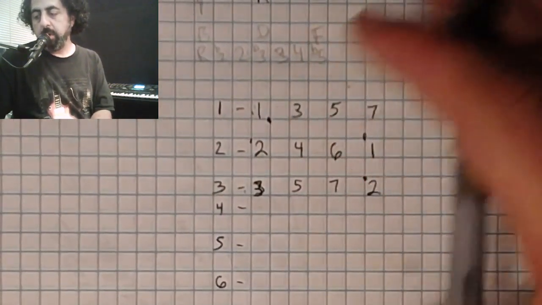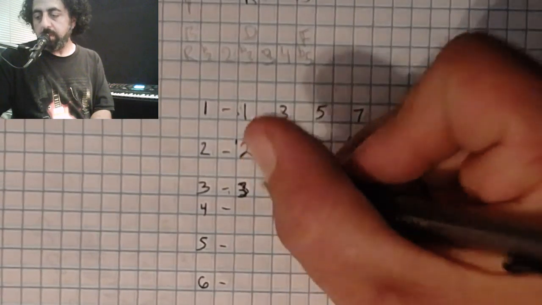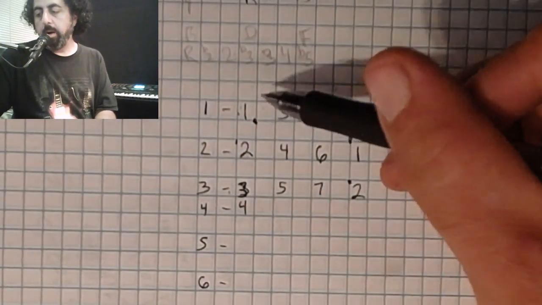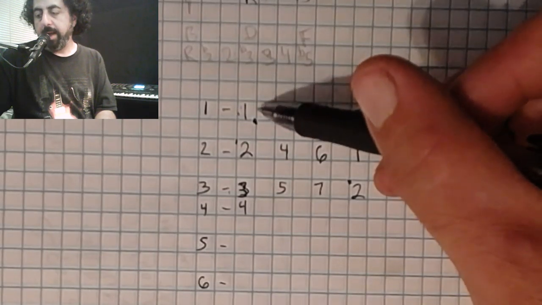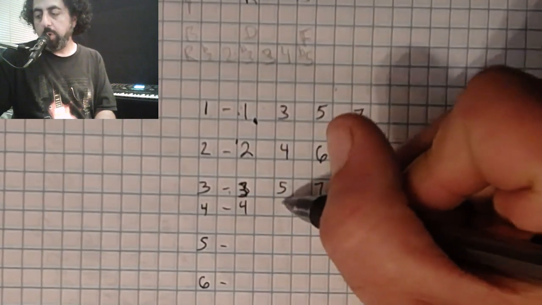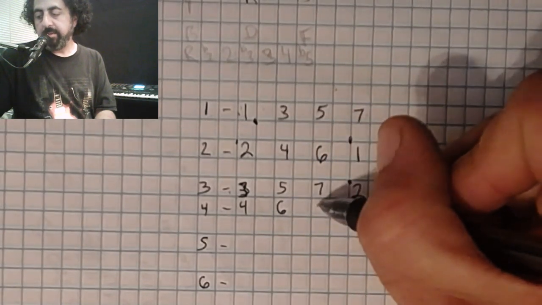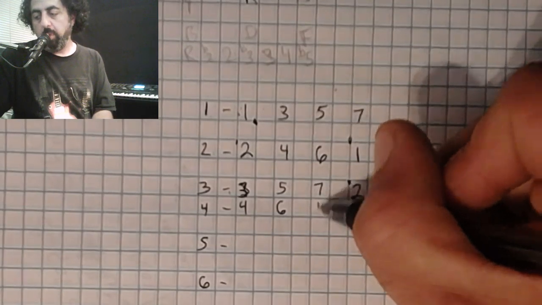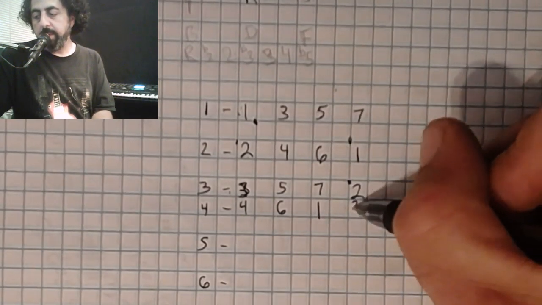I thought so. So let's go here from the 4. Here we're going to have an even number chord. We're going to have a 4, 6. Skip the 7. There's no 8, so we go to the 1, and then from 1, 3.